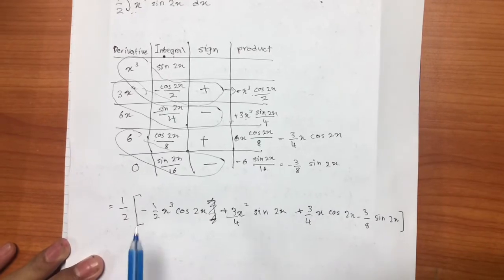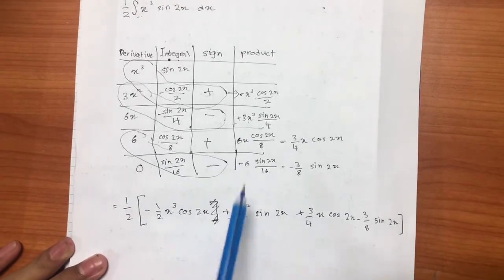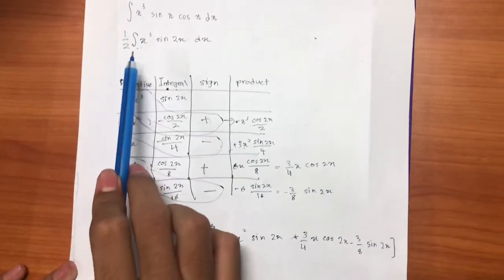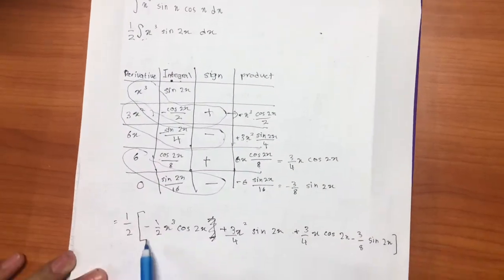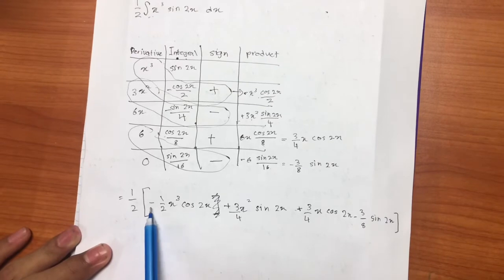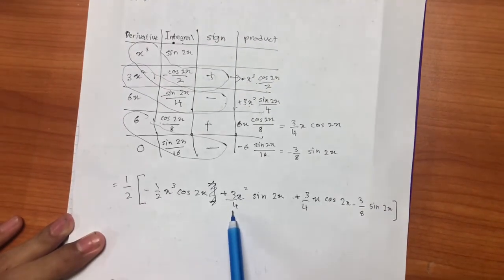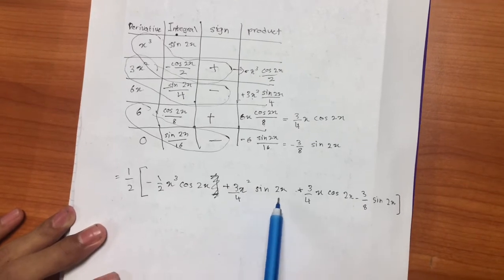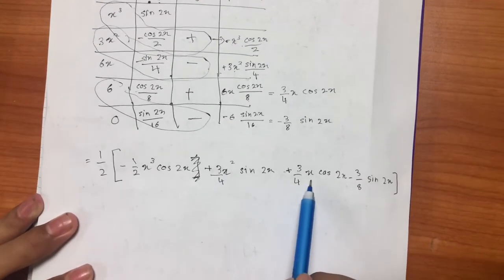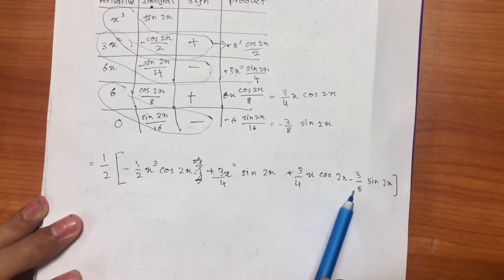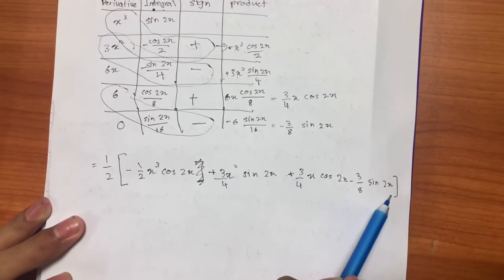Okay, so for this one, we write the whole thing. This is 1 over 2, and the integration of this thing, we can get this one, negative half x cubed cos 2x plus 3 over 4 x squared sin 2x plus 3 over 4 x cos 2x minus 3 over 8 sin 2x.